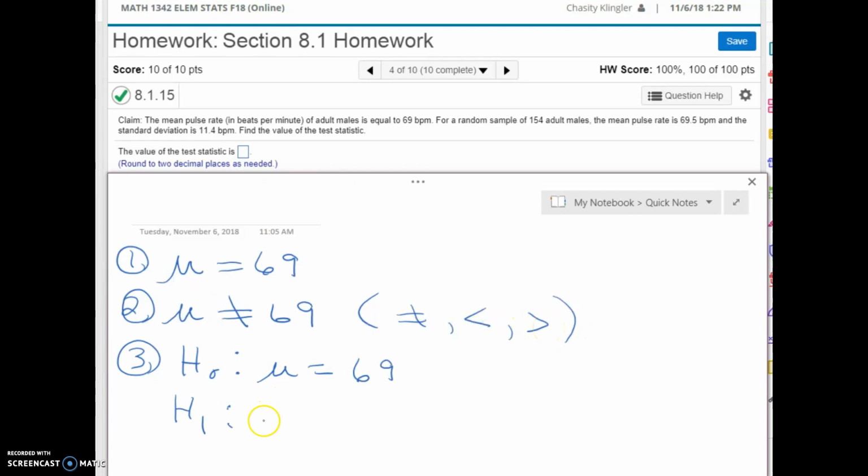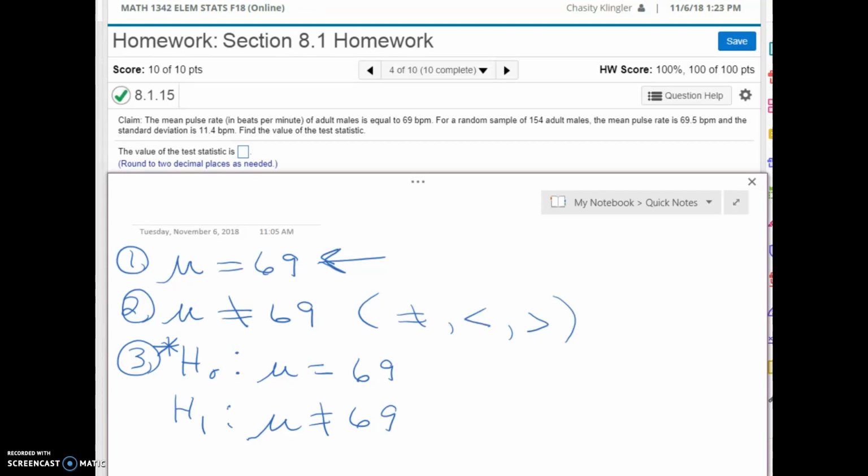So our number 2 is our alternative hypothesis. And then I'm just going to put a star by which one was our original claim. So our null is our original claim. Now we're not going to need this for this problem, but it's just a good habit to get into because you will need it later on. This helps you draw your conclusion when you're doing the whole hypothesis test.